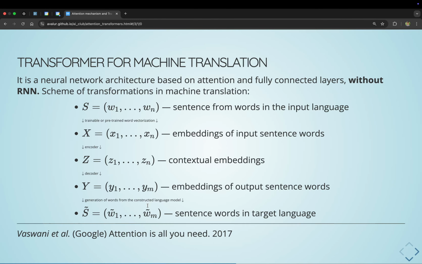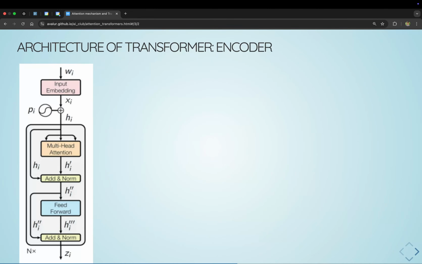So here we don't actually need any recurrent operations. We have no hidden states inside, except embeddings of input sentences and contextual embeddings, which came from the attention mechanism.